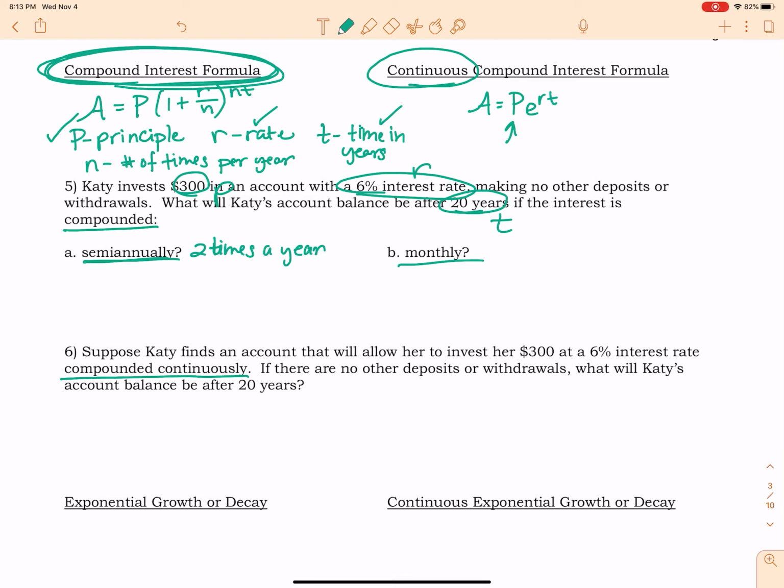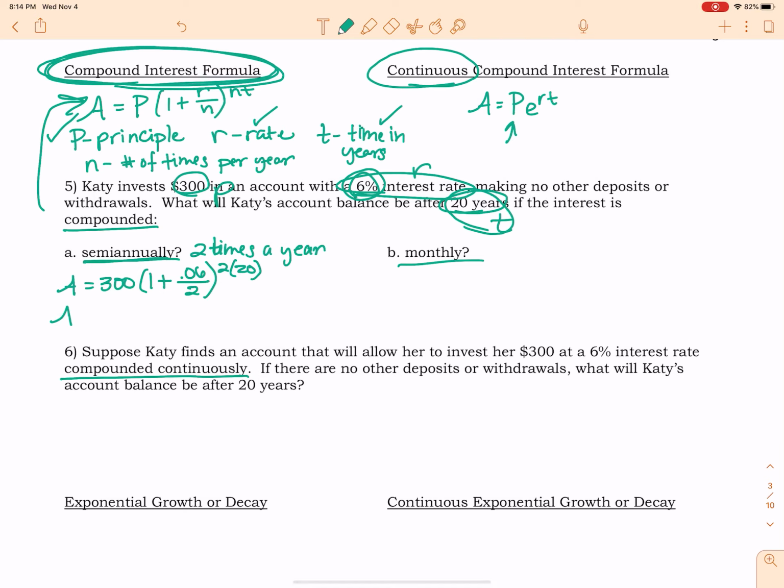All right, what is this going to look like? We're going to use this formula. The principal is 300 times 1 plus R over N. R is 6%, so 0.06 divided by N, which is 2 times a year, to the N times T, so 20 years.